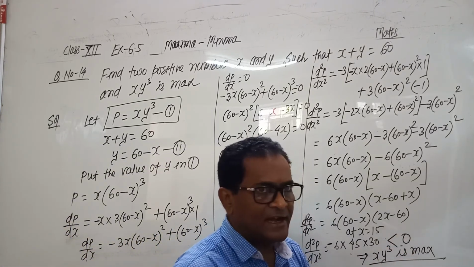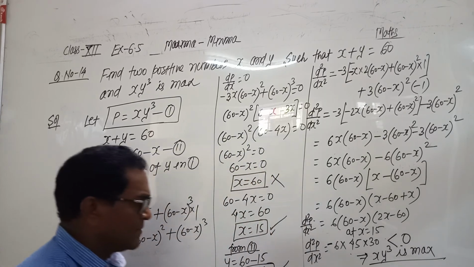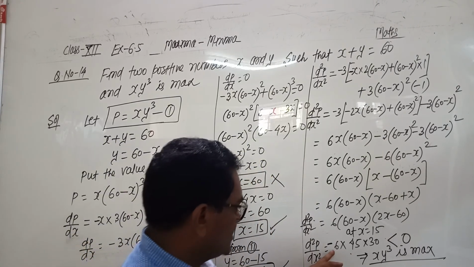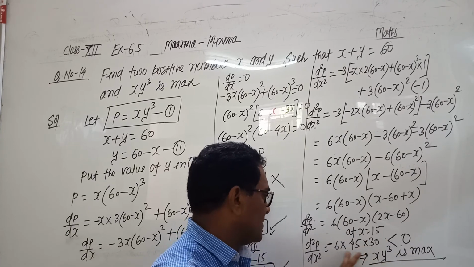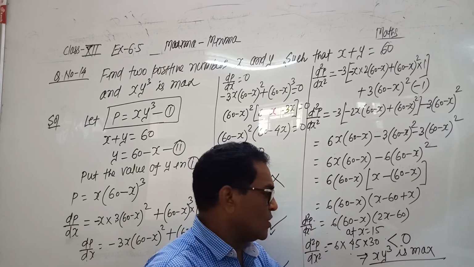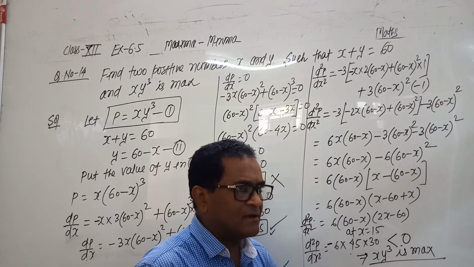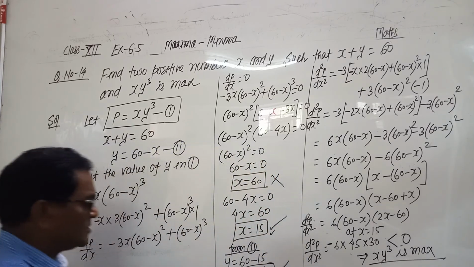If it is greater than 0, it gives a minimum value. So here there is a minus sign outside, the whole term becomes negative. It means it is less than 0, and we conclude that xy³ is maximum.